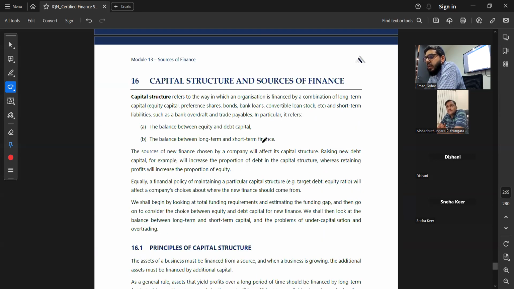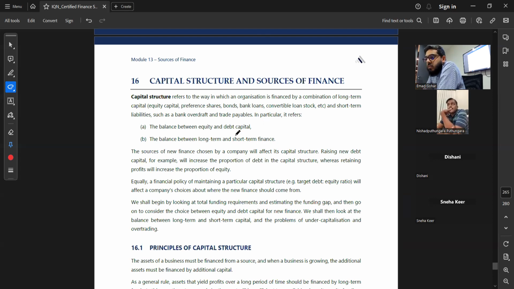Then they are telling you, my friends, capital structure and sources of finance. Right? We already discussed. I don't know why they are giving it again. What is our capital structure? Two elements: debt and equity. What are the two main sources of finance? Again, debt and equity.